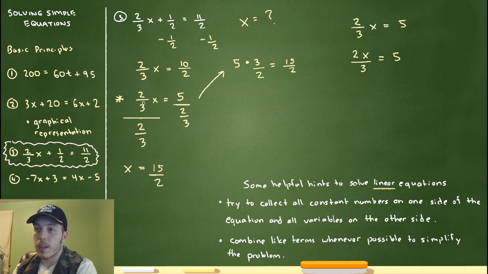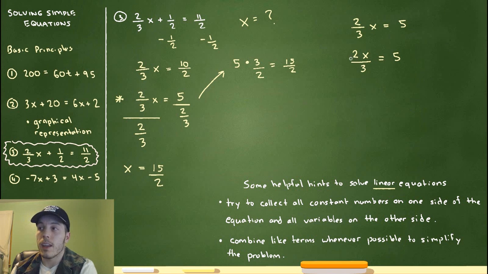Like when we have multiplication going on here, we did the inverse operation of division to get rid of this number. When we have an addition going on here, we do the inverse operation of subtraction to get rid of this number. So now we have this division of 3 going on.